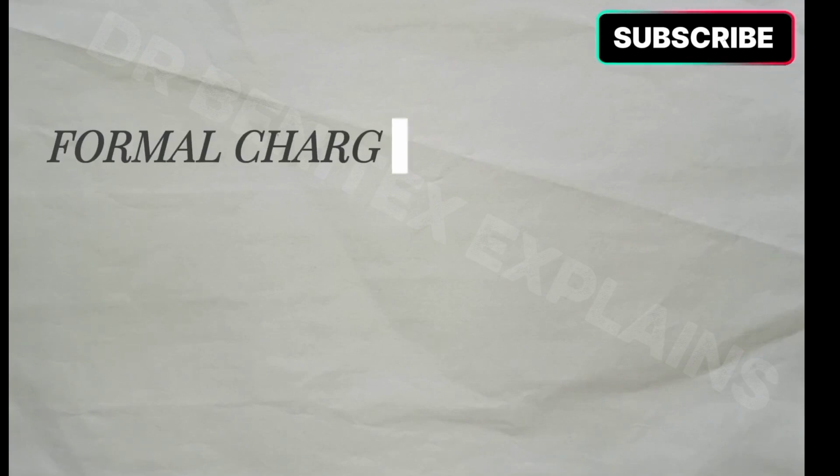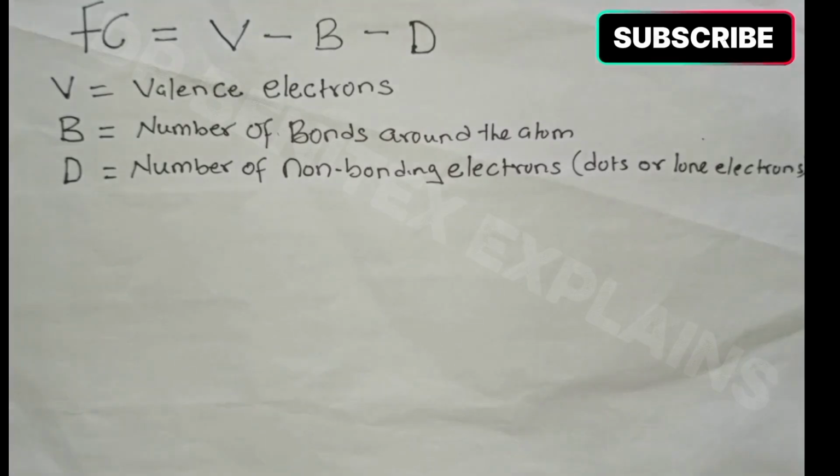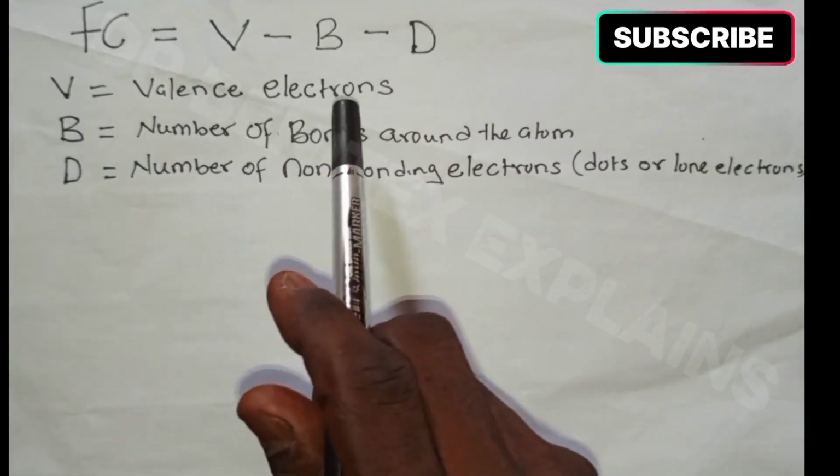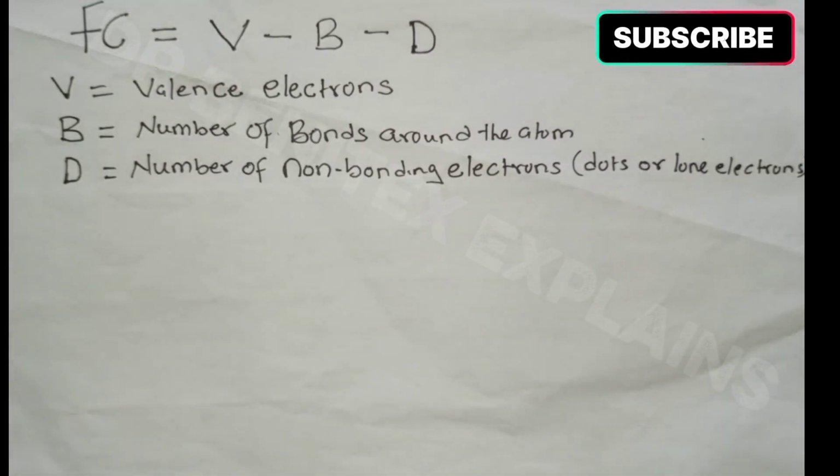Let's talk about the formula for calculating formal charge. The formula for calculating formal charge is given as follows. The V here represents the number of valence electrons. This can also be referred to as the group number of that particular element.